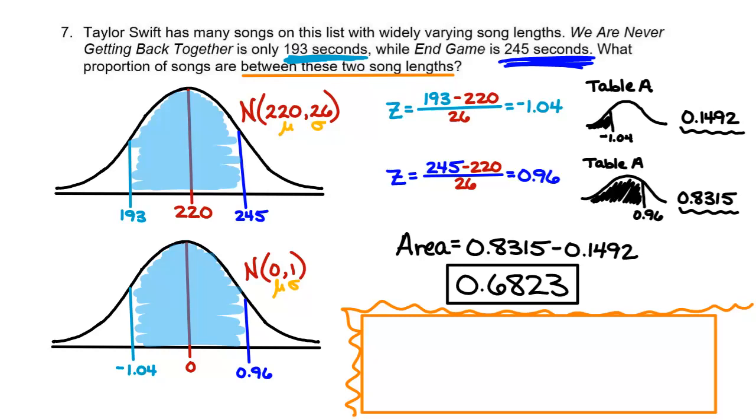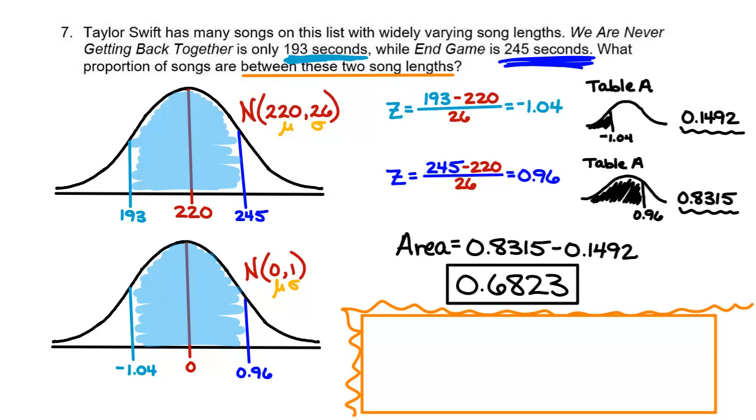Now, when you use the calculator instead of table A to look things up, I need you to show me this. You need to write down where it says normal CDF and then parentheses and all those numbers. And you need to label those numbers so that I know what they mean. This one down here is my lower bound.